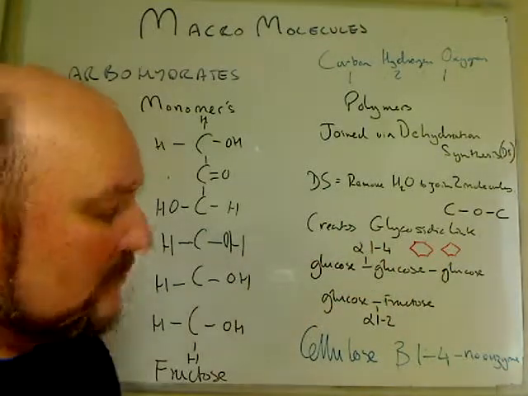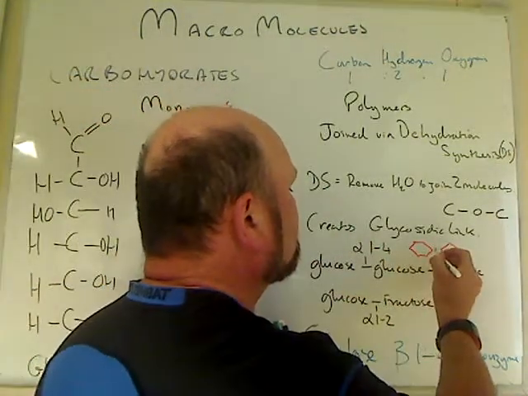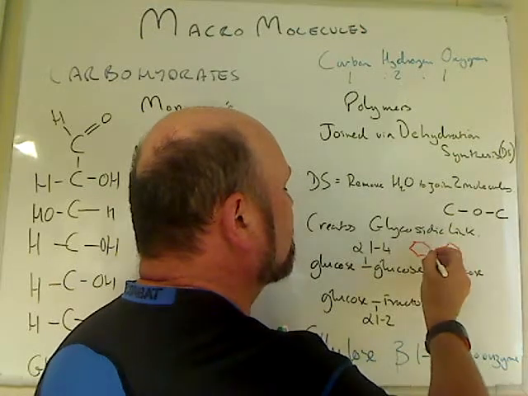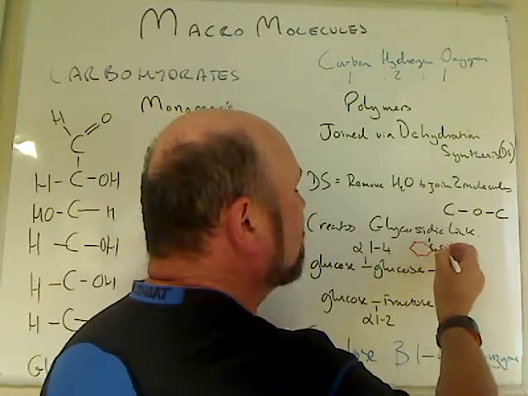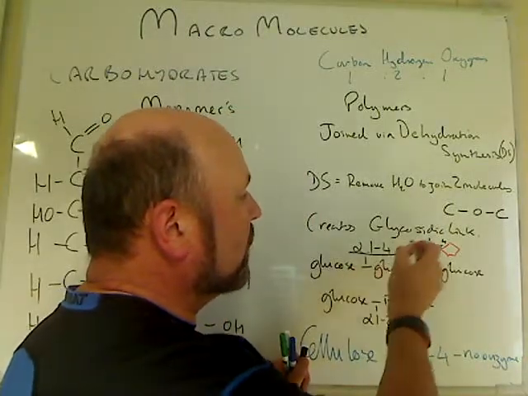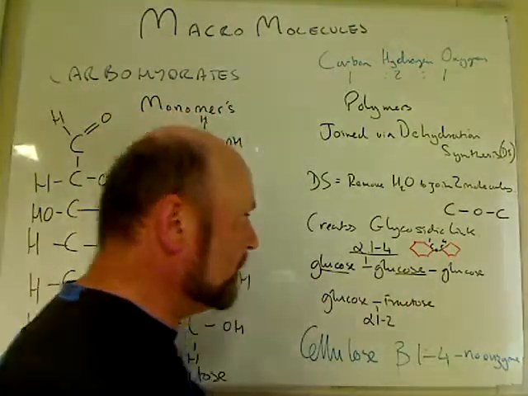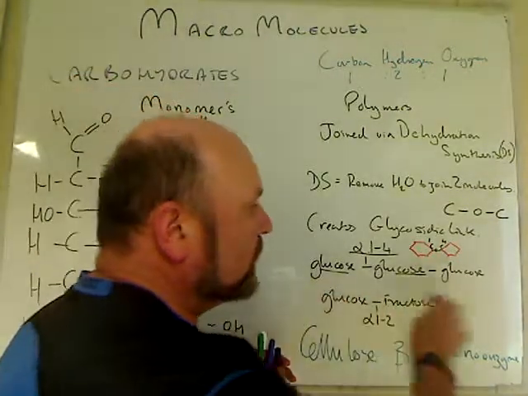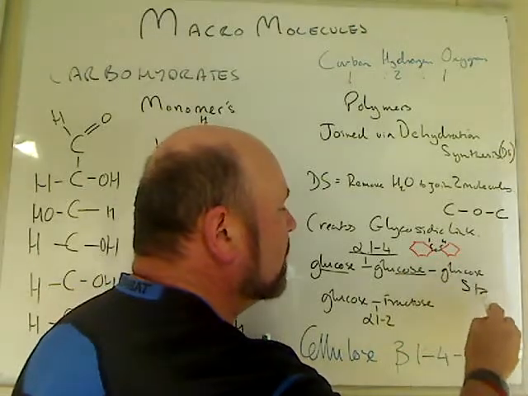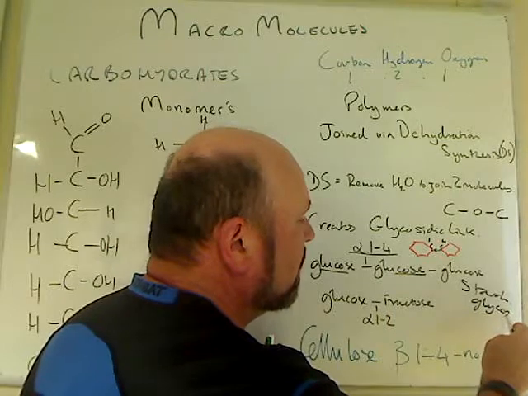But between one and the other, the oxygen, for example, sitting here and joined to the carbon here and here, carbon 1 here and carbon 4 here, so we call it an alpha 1,4 glycosidic link, and that's between glucose and glucose. If you have lots of these, you end up with something called starch or glycogen.